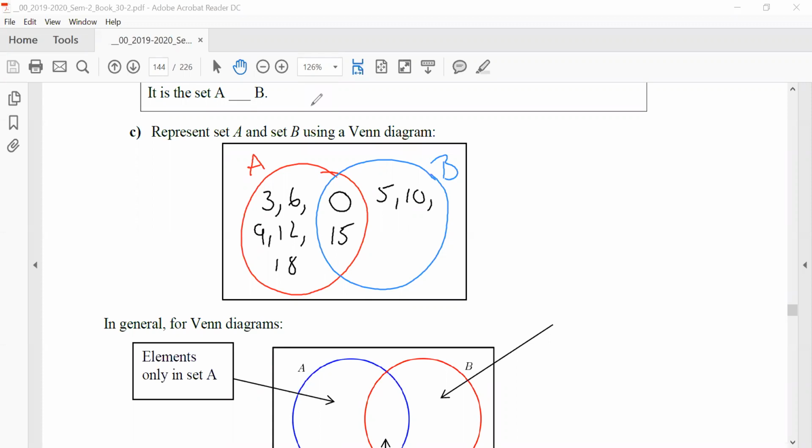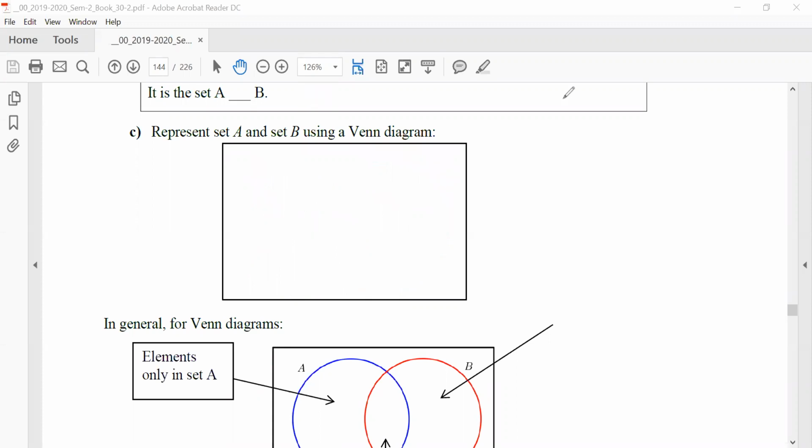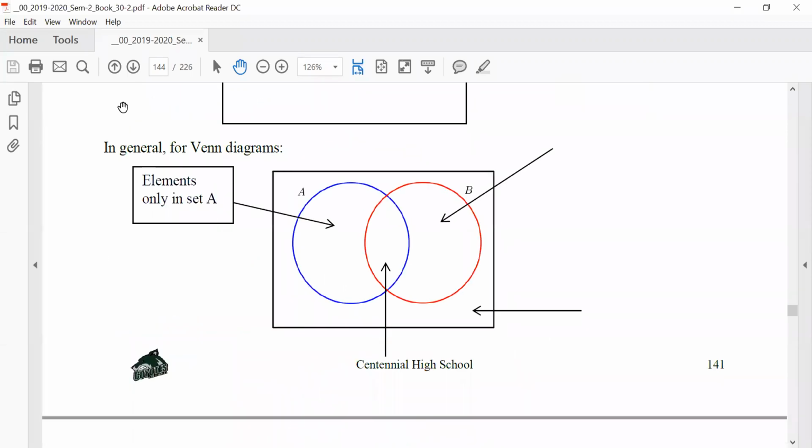Okay, so in general, at the bottom of your page here, this is really, really important. Okay, this area in here, I'm going to make my line a little thicker and let's make it bright yellow.